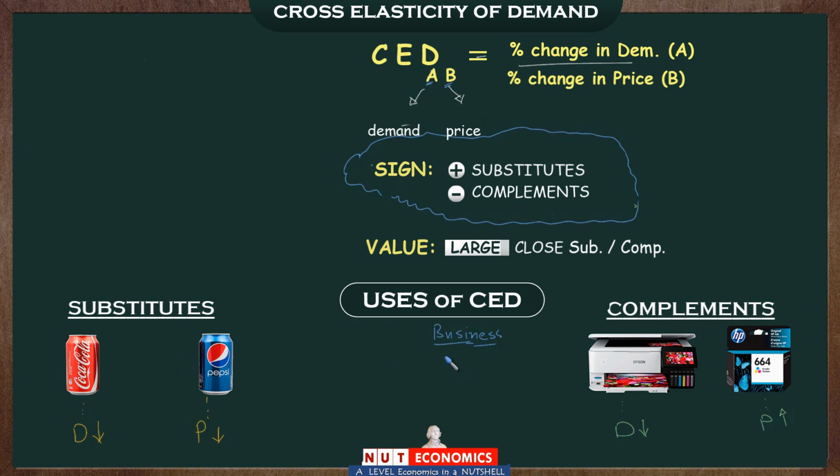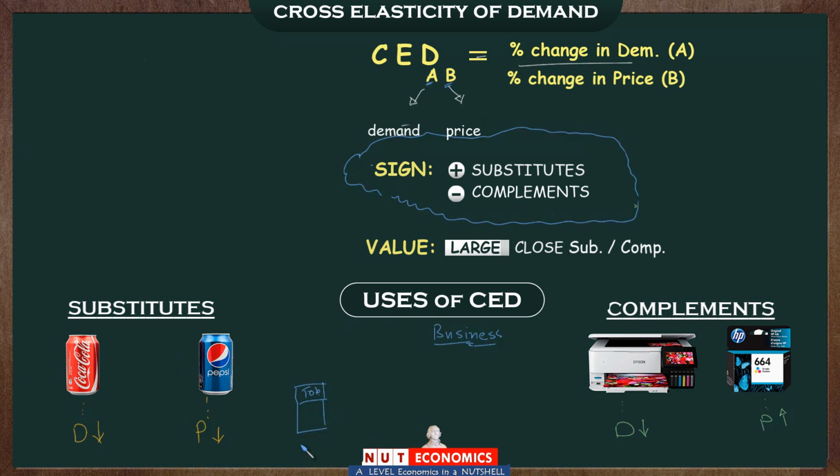As far as uses of CED are concerned, they are less important because you might end up seeing a question on this, but it would be much more rare. If you are unlucky, you will be stuck with a question where you have to explain the uses of CED by businesses. But in that case, the simple way of getting around this is to think about a tobacco shop. Now, a tobacco shop is principally supposed to sell cigarettes.